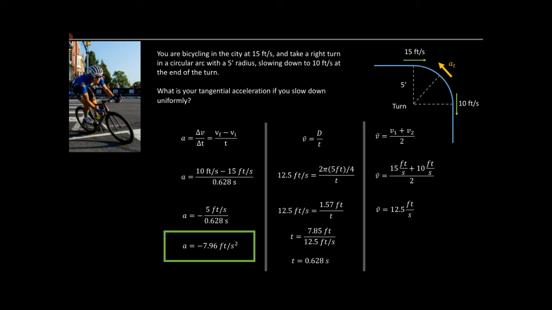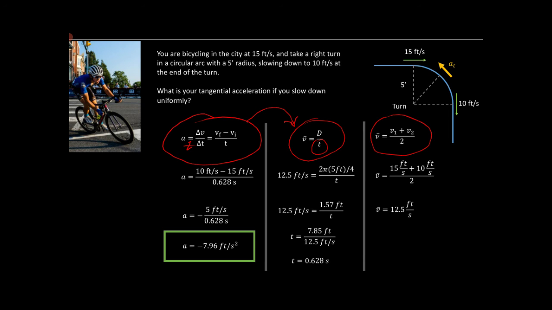So with this, how do we do that? Well, we start with our definition of acceleration. This is our AT. To find that, we need to figure out the time. Well, we can do that with average velocity, and we can figure out the average velocity by taking these two and summing those and dividing by 2.